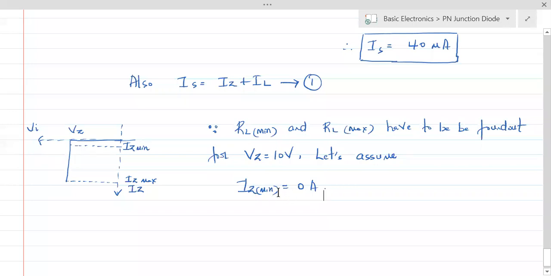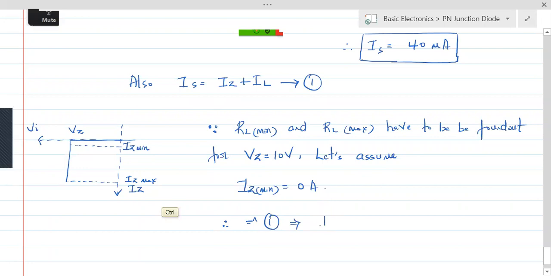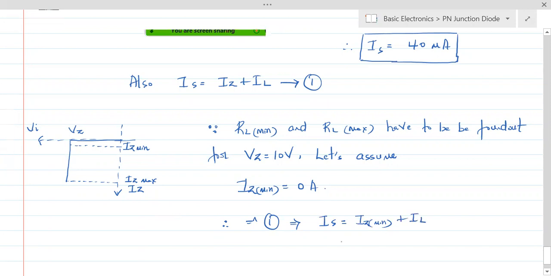Since IZ minimum is 0, what would your equation 1 become? Equation 1 implies IS is equal to IZ minimum plus IL. So let's say IZ minimum is 0 now.